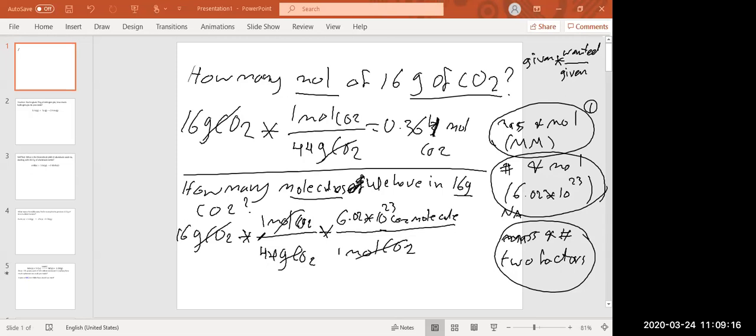Do the math right now. So here I will have 16 divided by 44 times 6.02. Just check the number. Always, I'm just using my phone to do the calculation quickly. So approximately 2.19 times 10 to the power 23 CO2 molecules.